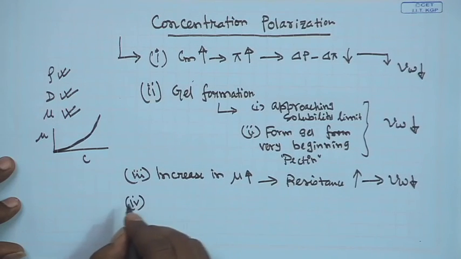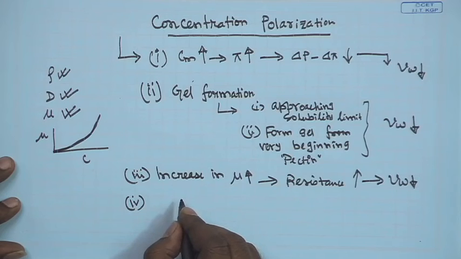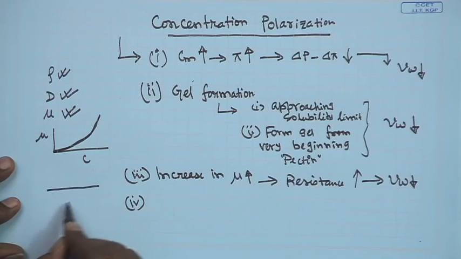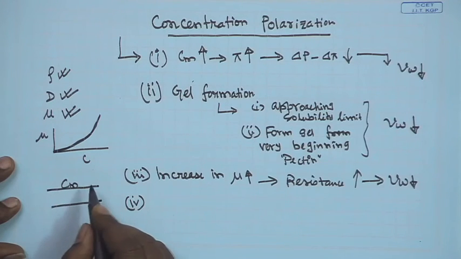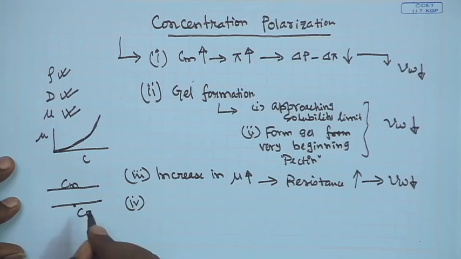The fourth manifestation of concentration polarization is that, as we have described earlier, across the membrane the solute concentration on the membrane surface, Cm, is high, and the solute concentration in the permeate is low.